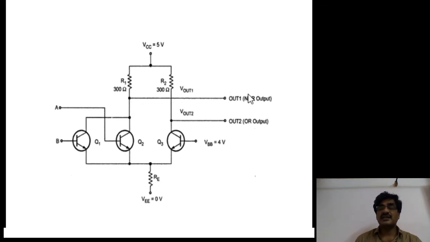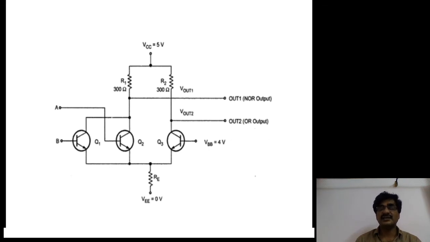I said already, if the left hand side transistors are off, the right hand side transistor goes on. When it is on, at its collector the voltage availability is very less, so that's why out 2 voltage is very less, hence the logical value is 0. So at out 1 the logic value is 1, whereas at out 2 the logic is 0.